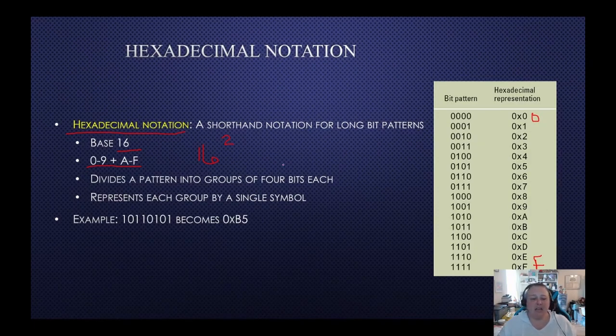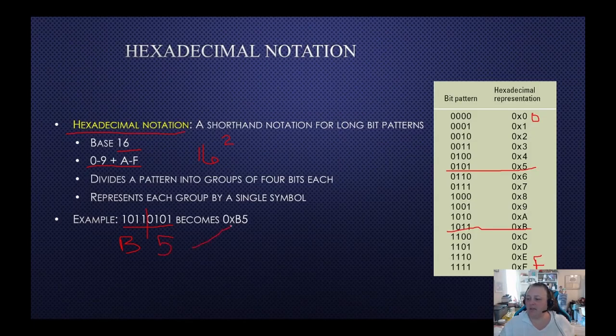So you're going to divide your pattern into groups of 4, and then each group of 4 is going to be a separate symbol. So for here, let's divide this into groups of 4. We can see this first one here, 1, 0, 1, 1. If I look in my table, 1, 0, 1, 1 is going to be a B. And 0, 1, 0, 1 is going to be a 5.